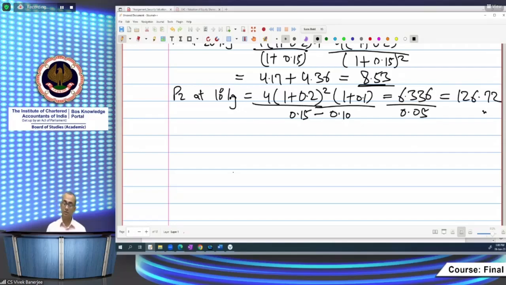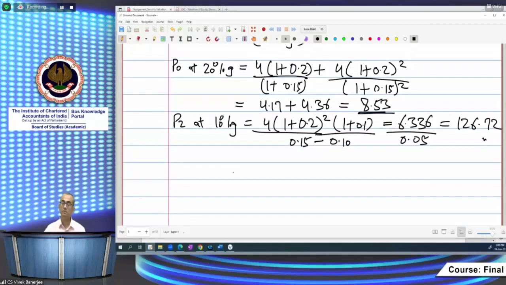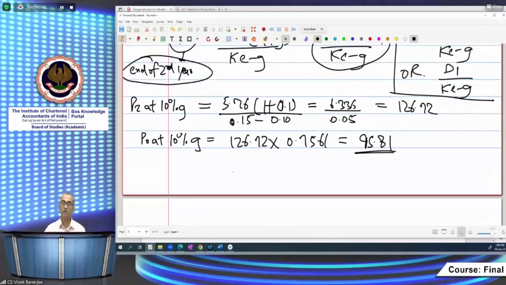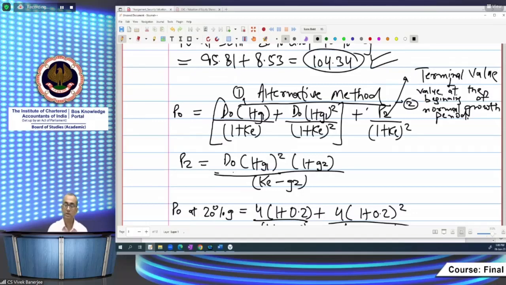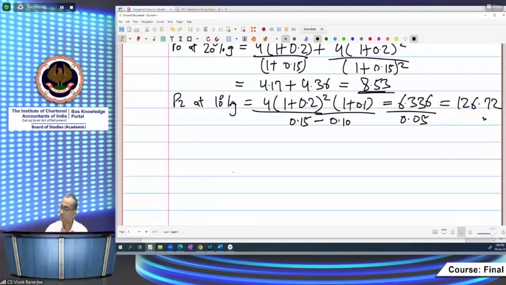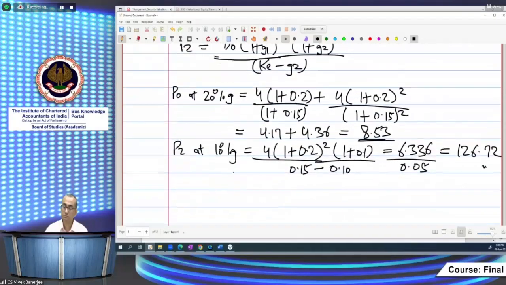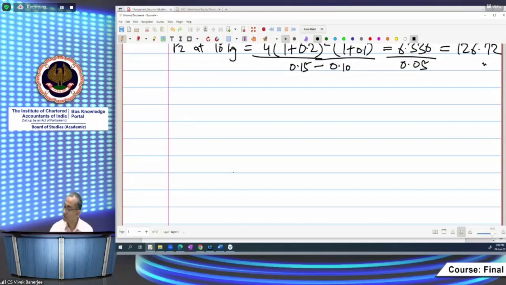Now we will apply the entire formula. This portion we have already calculated: the P0 at the 20% growth rate. We have calculated this portion also, P2. Now we will put the figures into the formula. This P2 upon (1 plus KE) square is the only portion that remains.